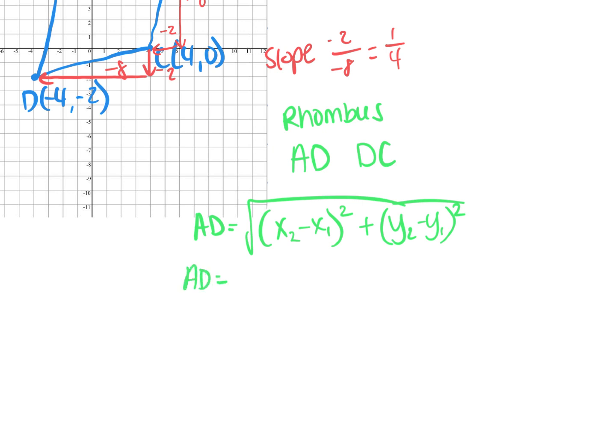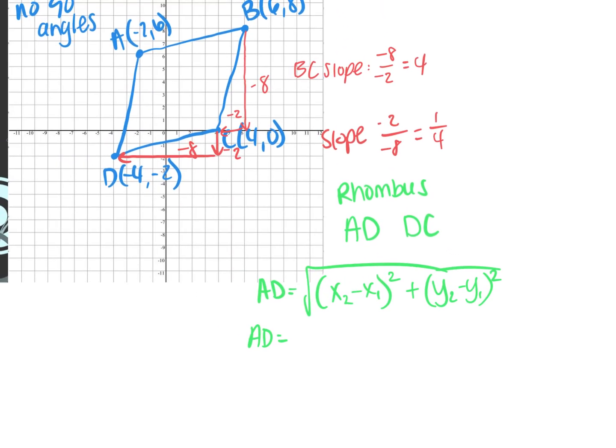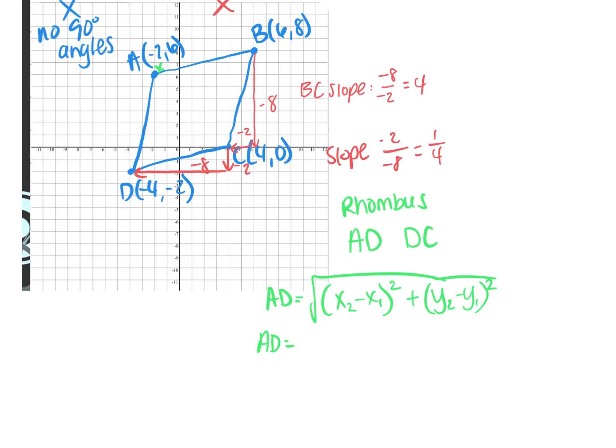AD is going to be, we'll make A x1, y1, and we'll make D x2, y2. So x2 is going to be negative 4. We're going to take negative 4, subtract negative 2, so we're actually going to add 2, and we're going to square it. Then we're going to take y2, which is negative 2, subtract y1, which is positive 6, so negative 2 minus 6, and we're going to square it.